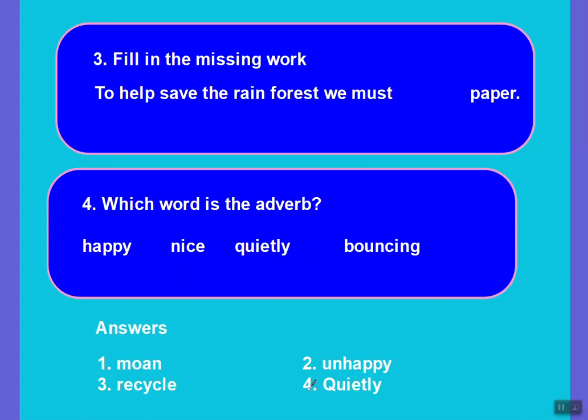And then number 4 here, the adverb here is quietly. And we can usually tell an adverb from ly on the end. It describes a verb. Okay, so if your partner got all 4 of those questions right, you can give them 1 tick on the end of your whiteboard. That means that is 1 dojo point for them. Okay, now swap back and take your own whiteboards back.